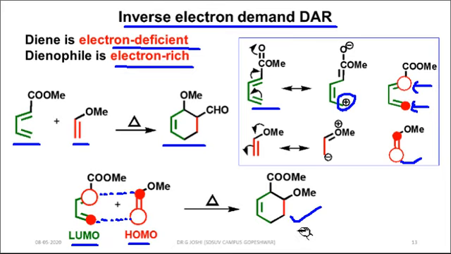Product formation is almost similar to what we have seen in the normal Diels-Alder reaction, whether substituted or unsubstituted. However, the orbital coefficients and relative nucleophilicity and electrophilicity of the diene and dienophile are changed in such cases. That's why it is known as inverse electron demand Diels-Alder reaction.